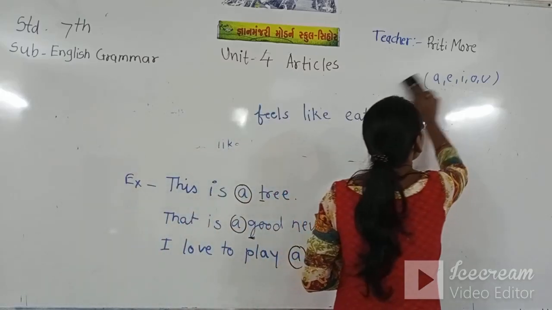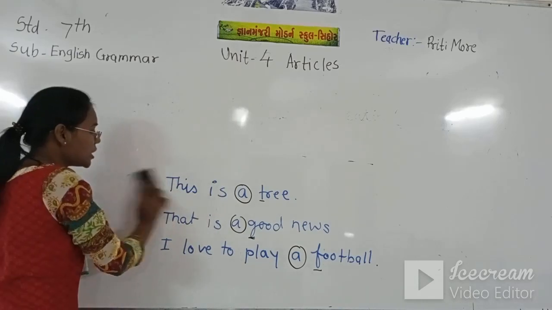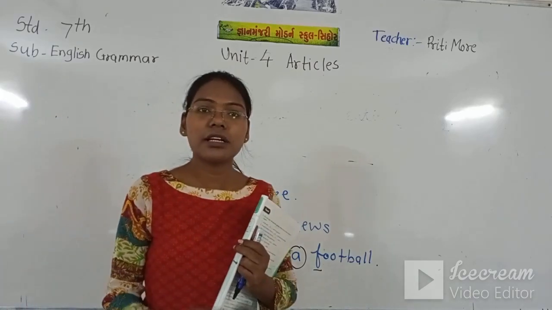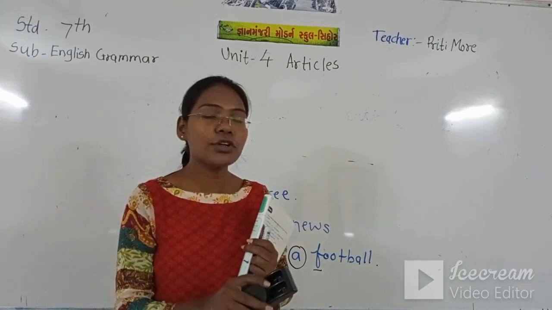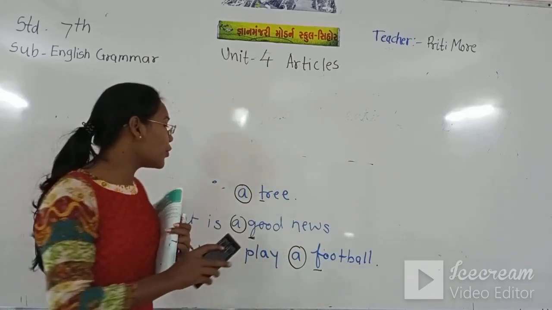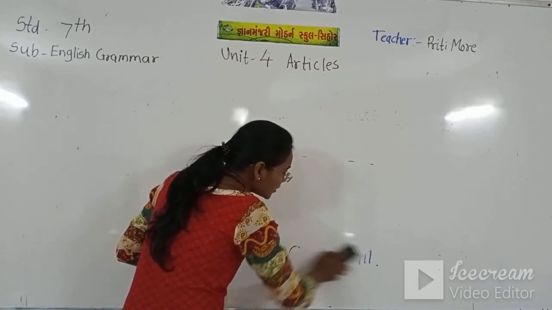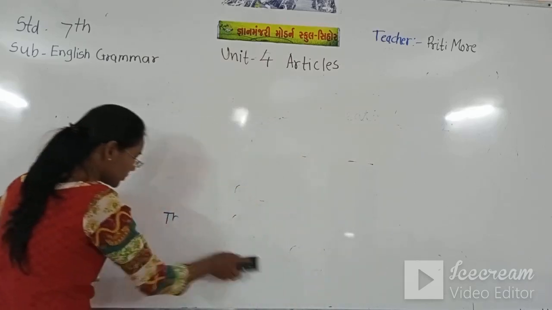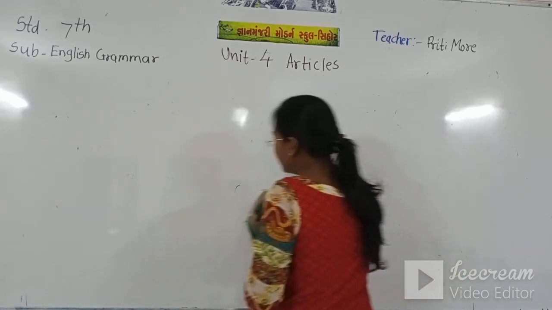The article the is a definite article. That means if we are sure, if we are confirmed, if we are familiar about the thing, that time before that subject or object, we use the article the. So it is called a definite article.